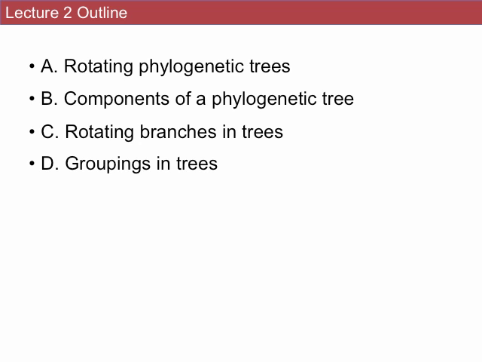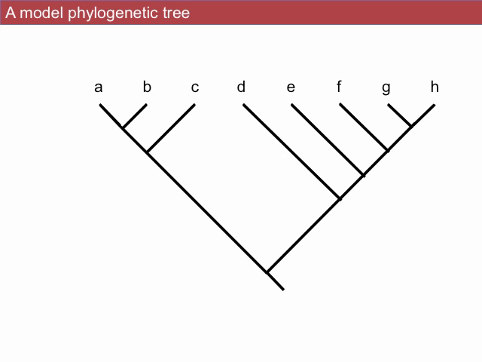What we're going to do today is talk about phylogenetic trees in more detail, the structure of a tree, how to move around a tree in different ways, and then some of the groupings of organisms in trees, important terminology as well as ways of thinking about the groups of items in a phylogenetic tree. And then in the next lecture later today, we're going to talk about, rather than organisms, actually tracing the evolution of features of those organisms given a particular tree.